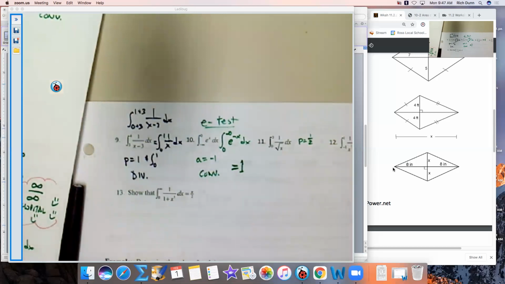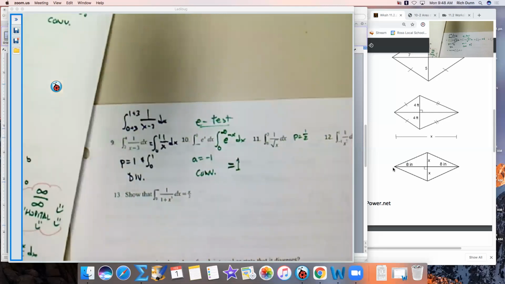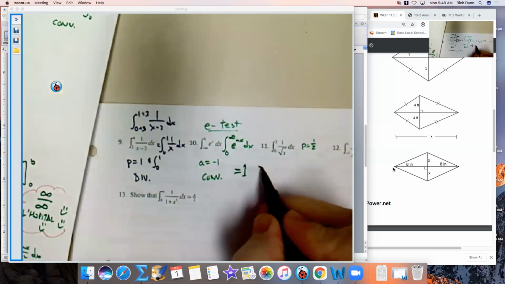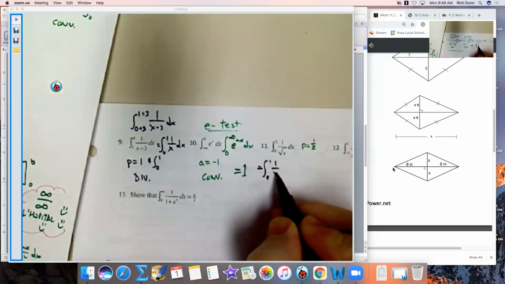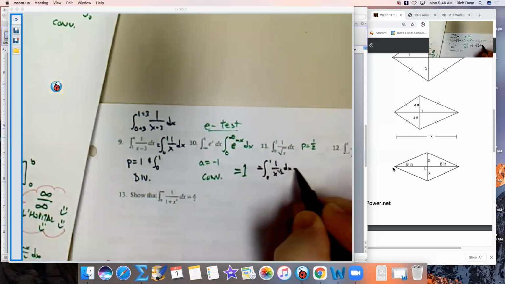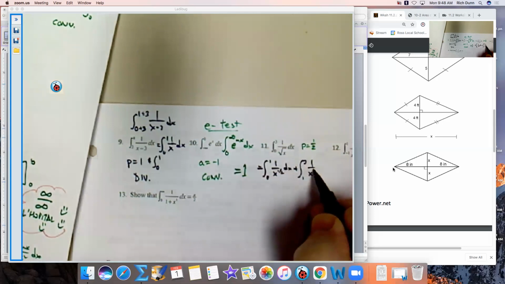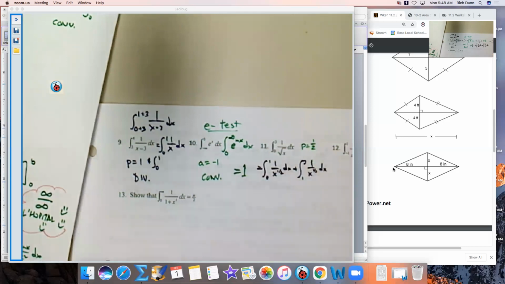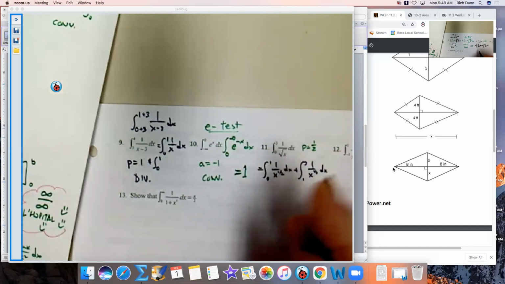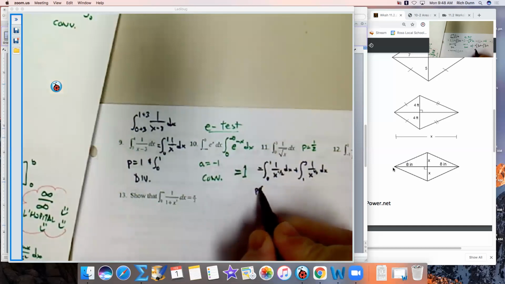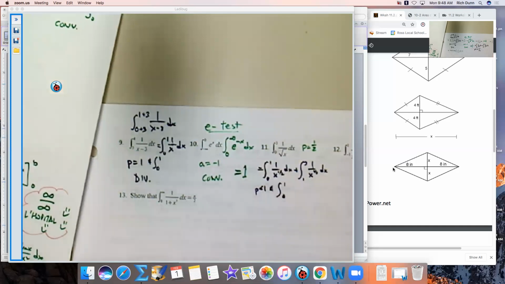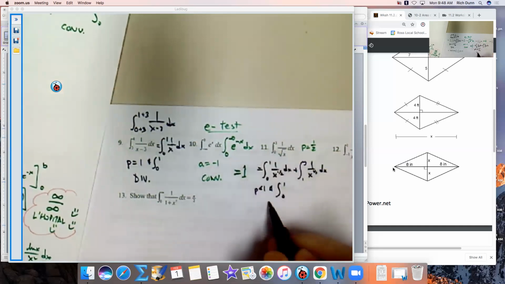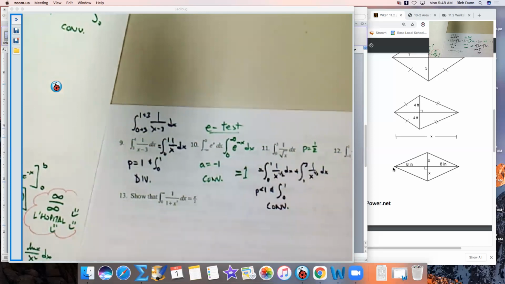Let's rewrite this as the integral from 0 to 1 of 1 over x to the 1/2 dx plus the integral from 1 to 3 of 1 over x to the 1/2 dx. If we look at just this first one, our p-value is less than 1, and we're integrating from 0 to 1. Therefore, this one will converge.